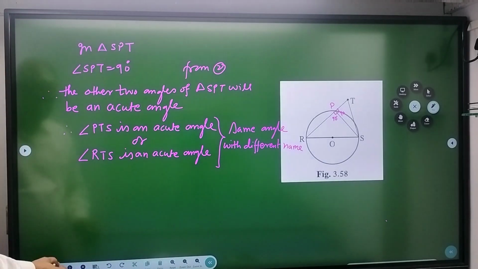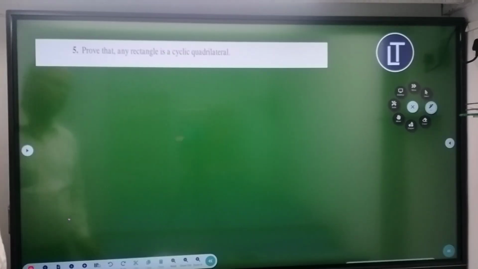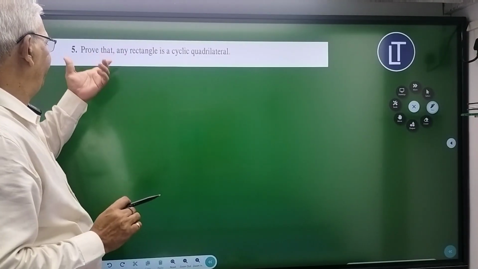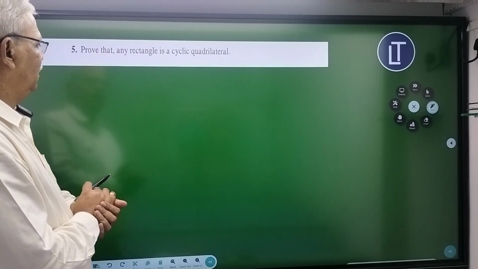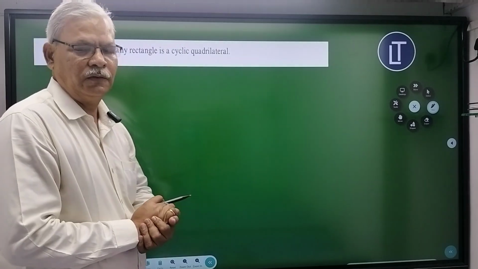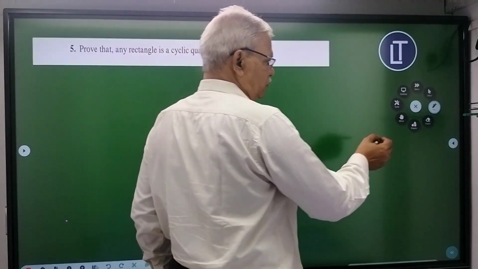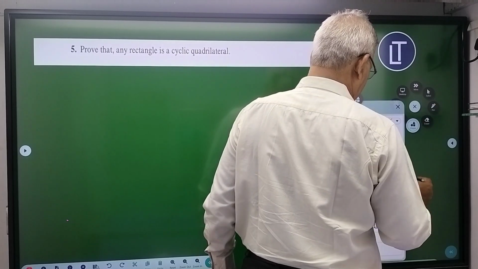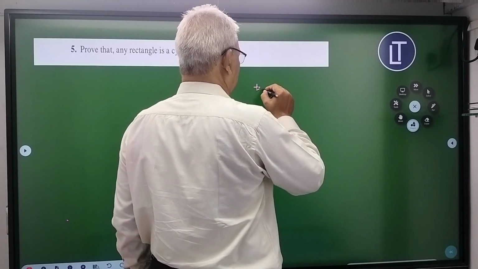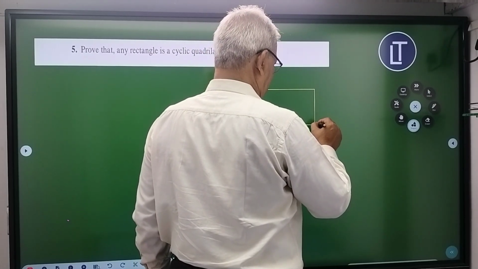Okay, the next is the fifth problem: prove that any rectangle is a cyclic quadrilateral. Now see here, we are going to draw a rectangle here. Suppose this is our rectangle.